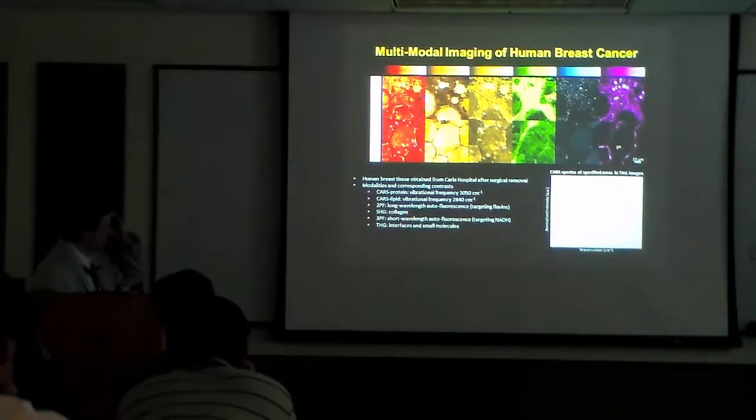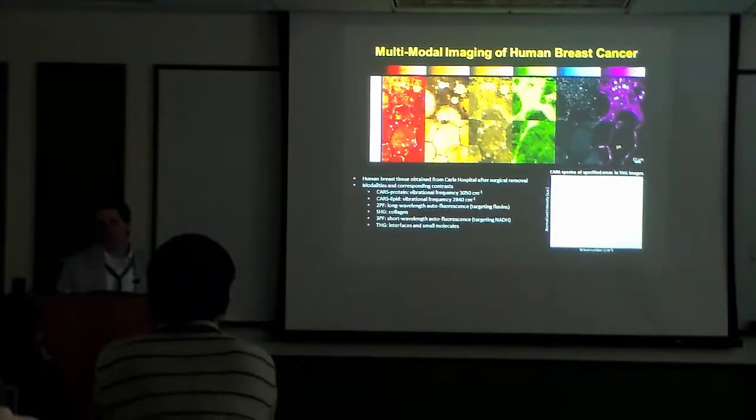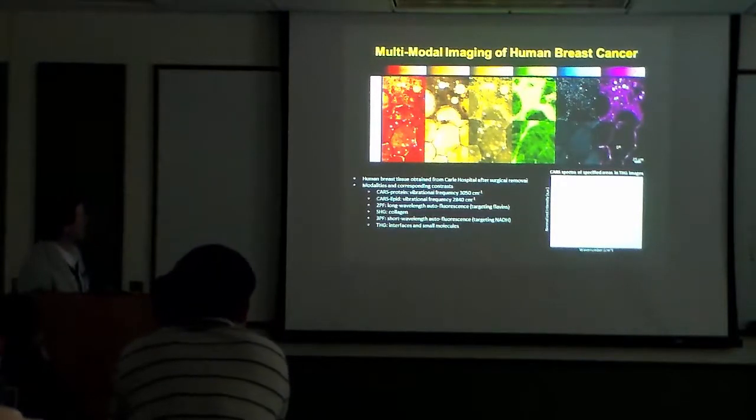This is some more unpublished data, but I just had to show these because they are really fascinating. This is a second integrated microscope that combines our CARS and NIVI type imaging, the molecular imaging, with two-photon fluorescence, SHG, now three-photon fluorescence, and third harmonic generation.